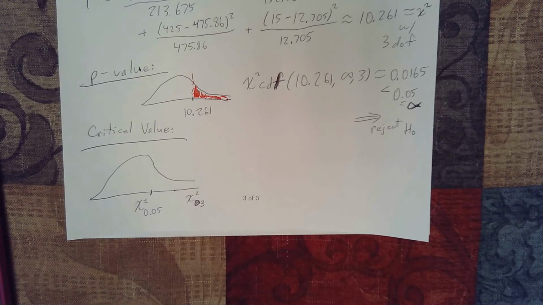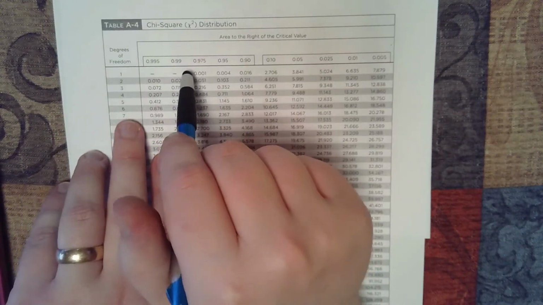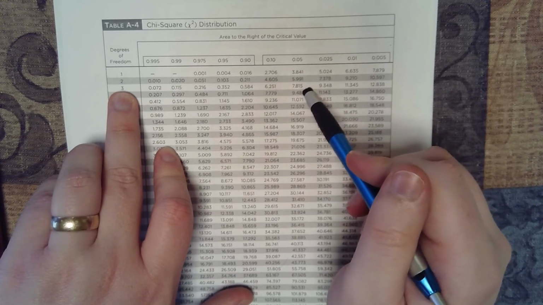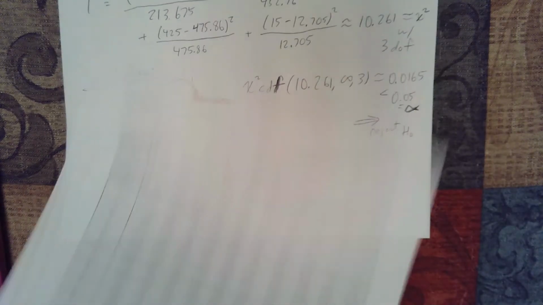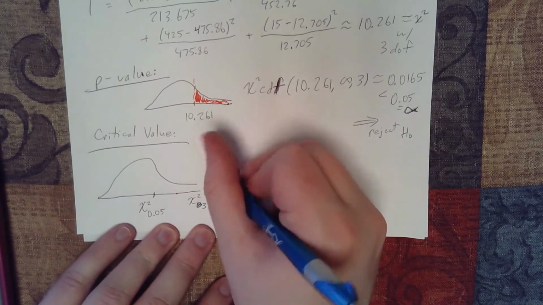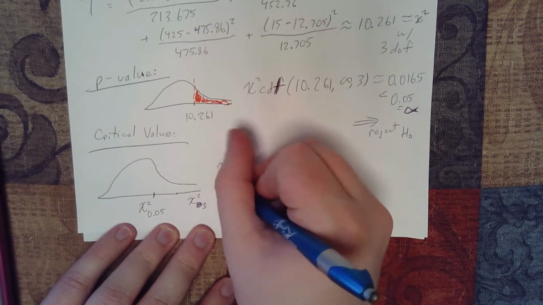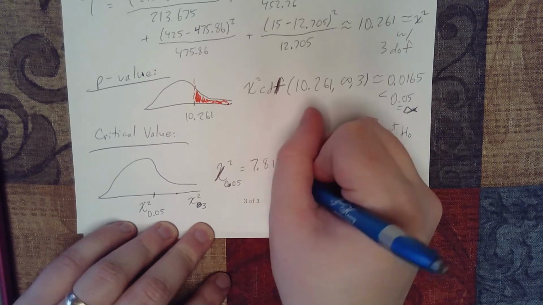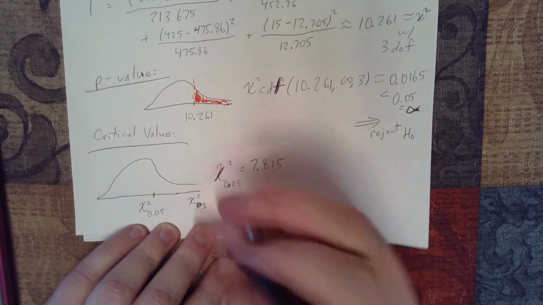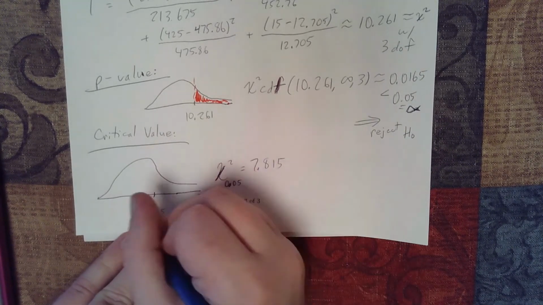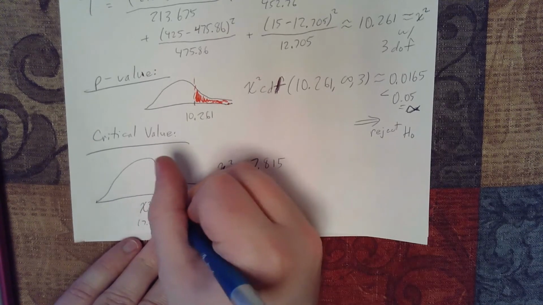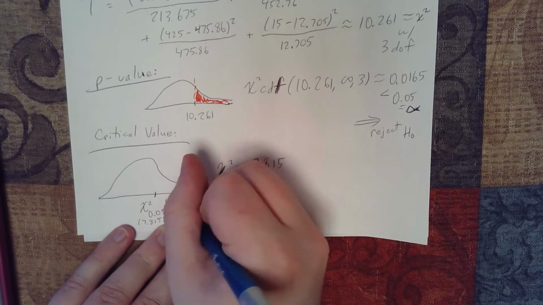And so again, we can go back to this table, and we're on the chi-squared side, 3 degrees of freedom, 0.05, so this third row, 7.815. So there's that value, 7.815. Here's our value of 10.261.